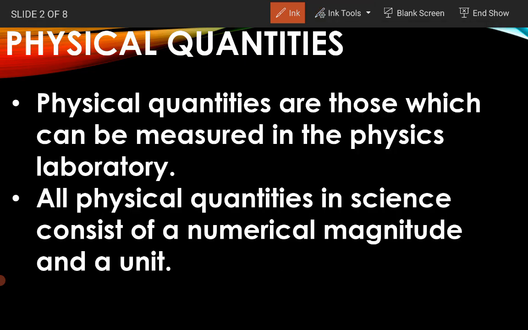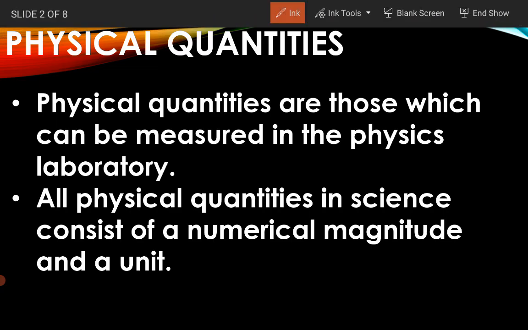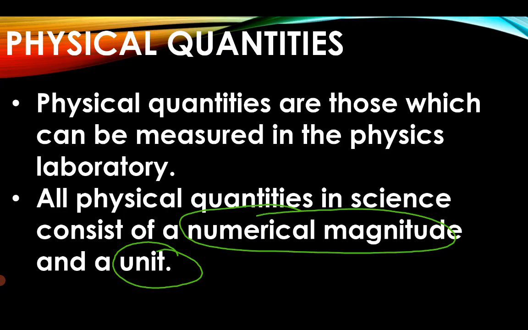All right, so a quantity which is measured in the lab must have these two parts: a numerical magnitude, which is just a number, and then a unit. I hope we are together there. On this slide we have defined physical quantities.